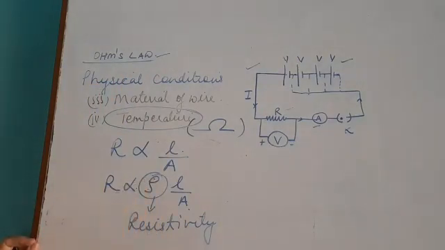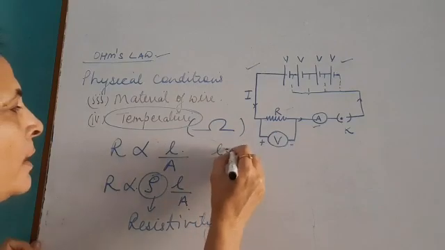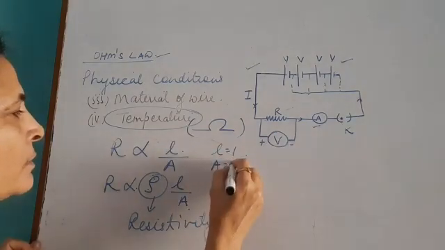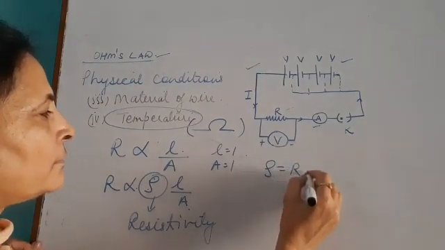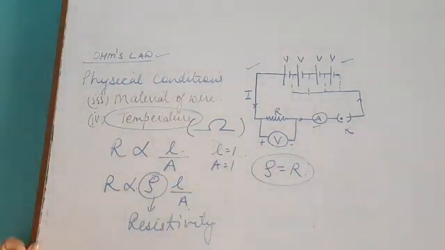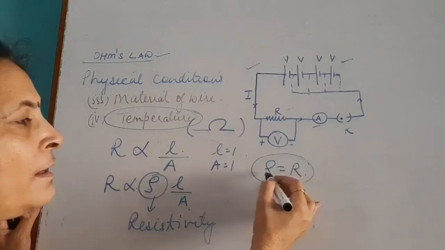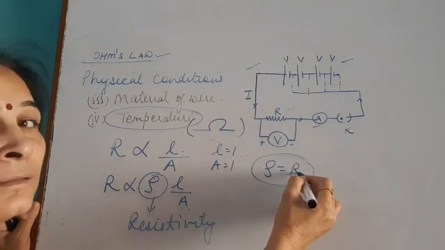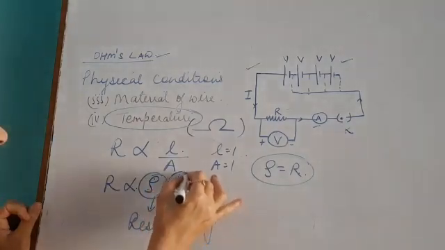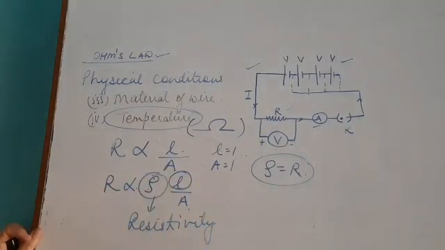And now, how will you define resistivity? Put L equals 1, A equals 1. You'll get rho equals R. Resistivity is the resistance when the conductor is of unit length and area of cross section is unit square.